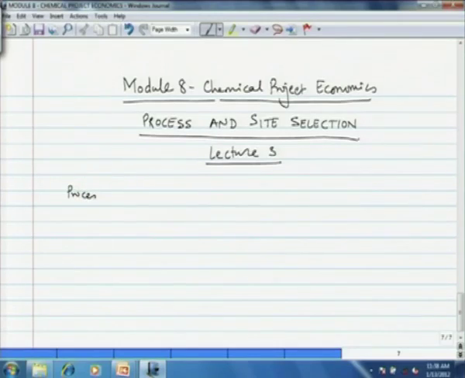process evaluation criteria. So, what we will do now is try to evaluate the process. We will try to define the process evaluation coefficient.